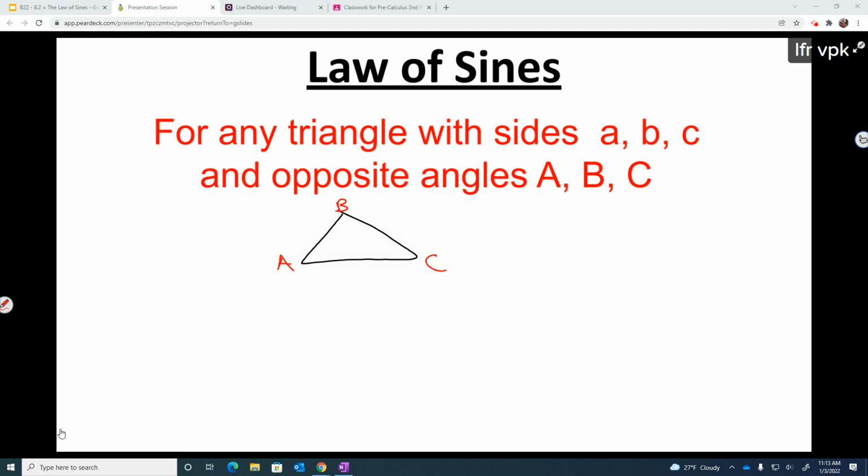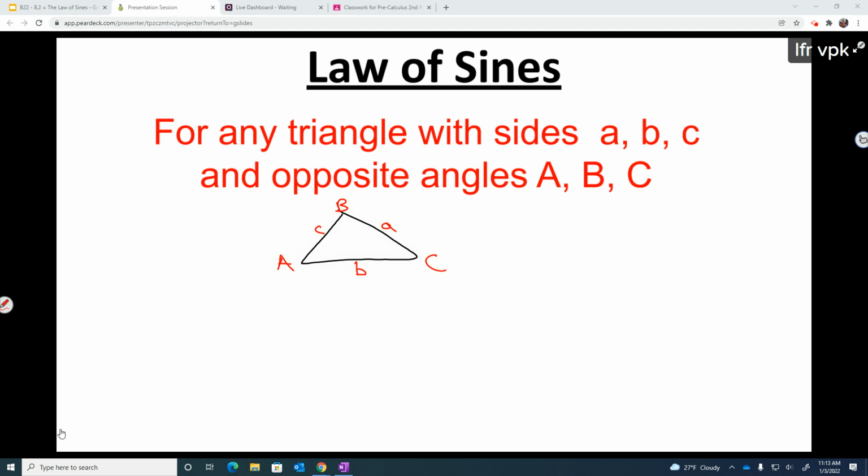So opposite of big A is the side little a, so that's going to go over here. And opposite of the big B is little b, and then opposite of the big C is little c. It's important that you get these in the right spot, or else you'll get the problems wrong because you'll label the whole thing incorrectly. But you're basically just going to draw this triangle for all of our problems.